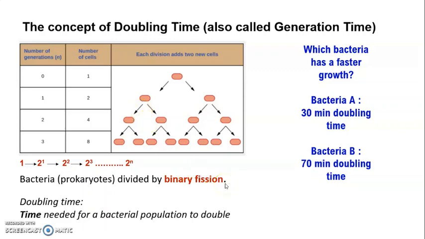So if we understand this concept, now we can think a little more in terms of comparing the growth rate of bacteria. For example, here's a quick comparison. Which bacteria has a faster growth? Is it bacteria A or bacteria B? What do you think?